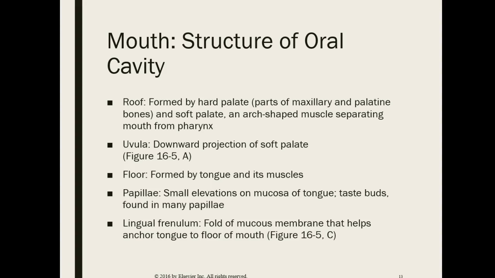What we will find on the tongue are the papillae, which are small elevations of mucosa. So these are going to be where our taste buds are found. And then we also have the lingual frenulum, which is a mucous membrane that anchors the tongue to the floor of the mouth. So if you look in the mirror and touch the top of your mouth with your tongue, you can see the frenulum that's going to connect the tongue to the floor of the mouth.